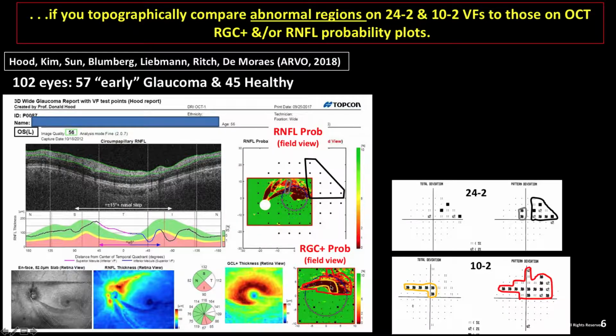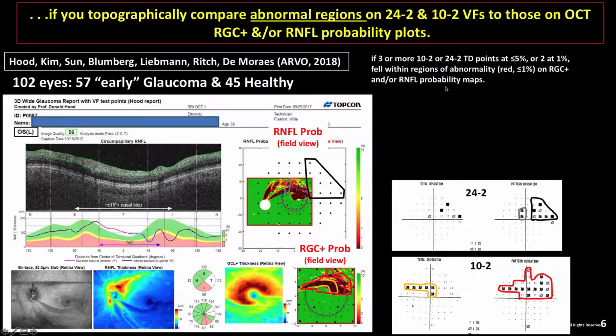So we actually tried to do this more quantitatively in a paper we're going to be presenting at ARVO. We had the same 102 eyes I've been telling you about, and we used a set of criteria that required the abnormal points here to overlap the abnormal points or the red region on the OCT.